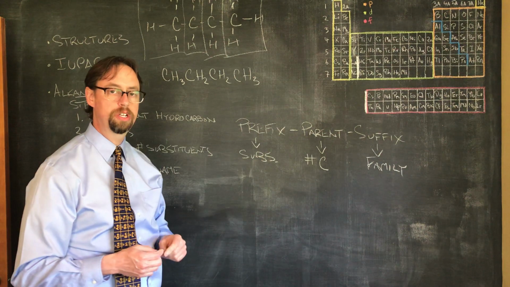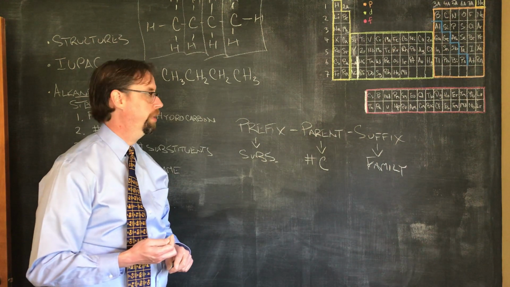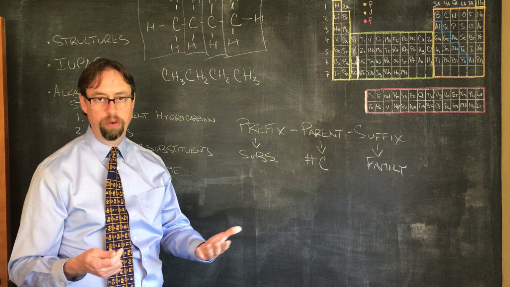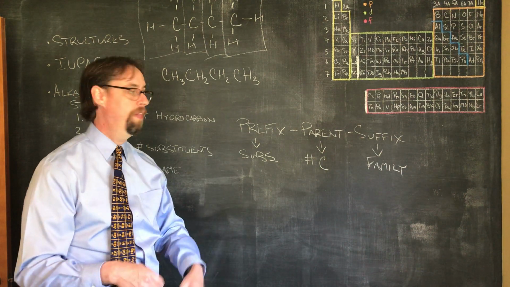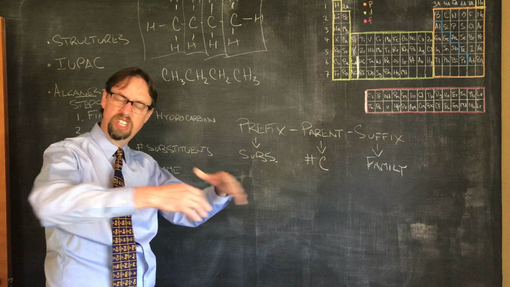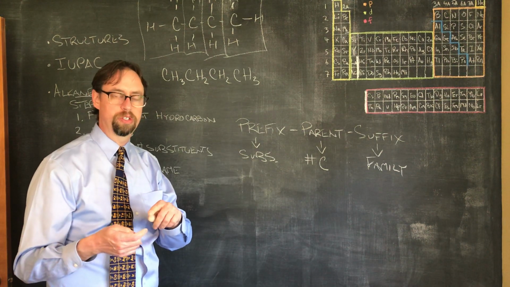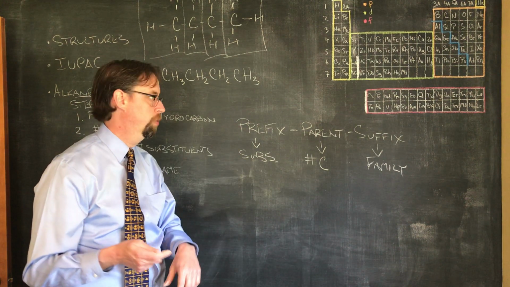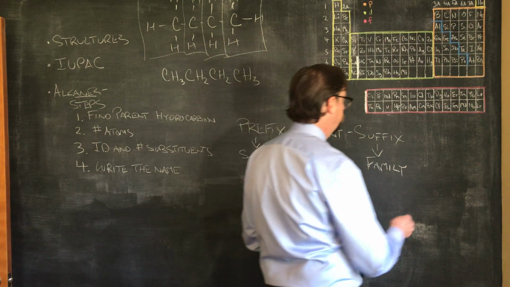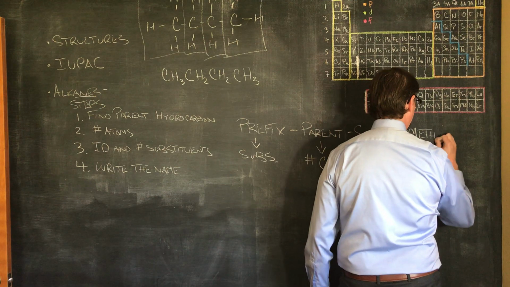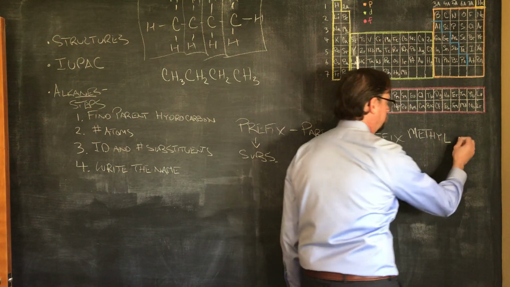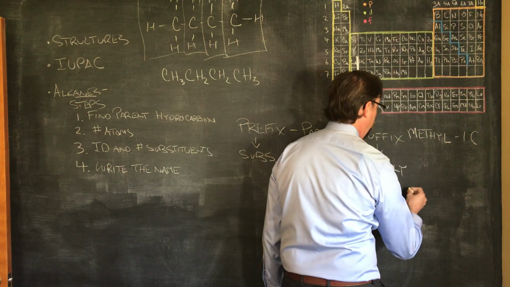Then for the parent part, we'll use things like meth, like methane, ethane, propane. And when we get into branches, we're going to use those same words, but we'll use them as methyl, ethyl, propyl, butyl. So I'll list a couple of these over here. Methyl is a term for a single carbon branch.